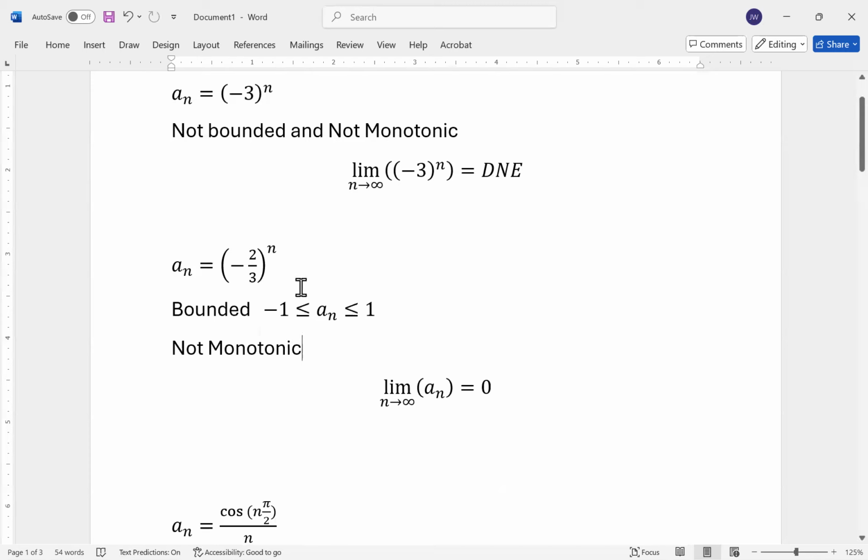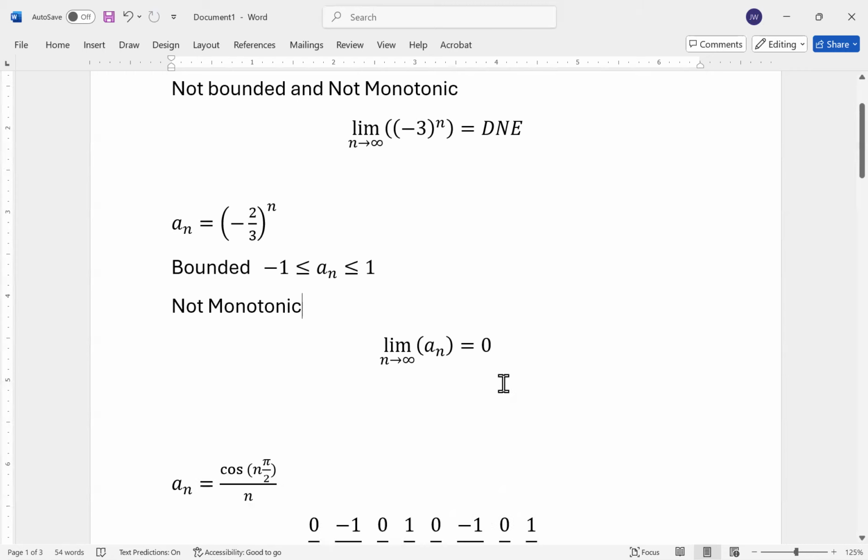So notice that this was bounded but not monotonic. It still had a limit that was a real number. By the way, it's not monotonic because every other one is going to be positive or negative. And so we're going to be bouncing back and forth between numbers which are bigger and smaller than 0. So this was bounded but not monotonic, still had a limit.